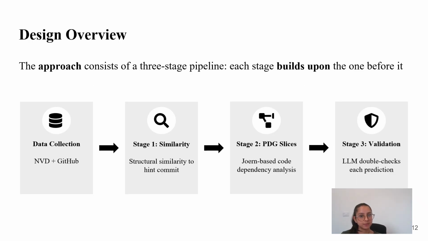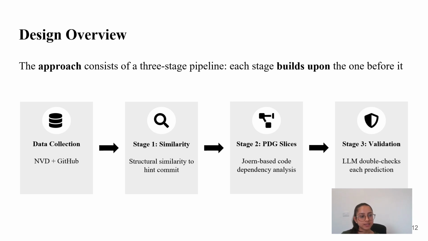So our design overview consists of a 3-stage pipeline where each stage builds upon the one before it. We first begin with data collection using NVD and GitHub API. Then we move on to stage 1, which addresses the structural similarity to the hint commit used for grouping together potential candidate commits that could help fix that vulnerability.